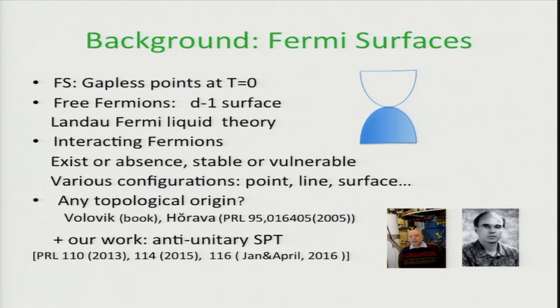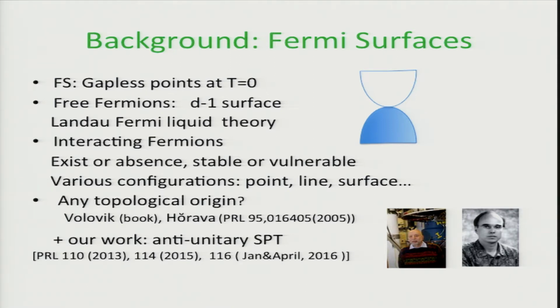The point, just a Dirac point or Weyl point, and nodal line, and also the surface, or in high dimensions various shapes. For those kinds of surfaces, it is noted that some are rather robust, some are not. So is there any topological origin?